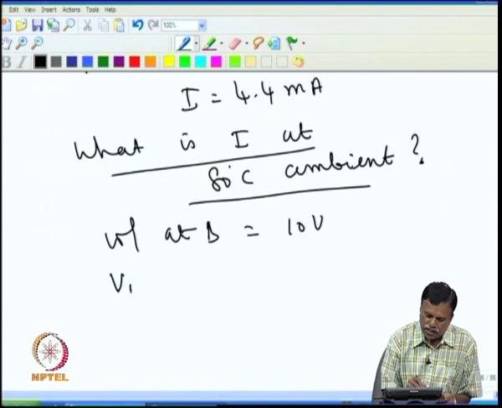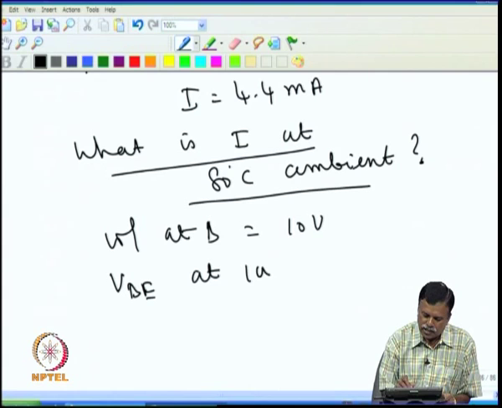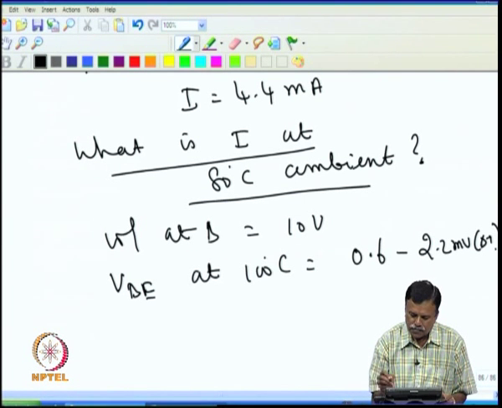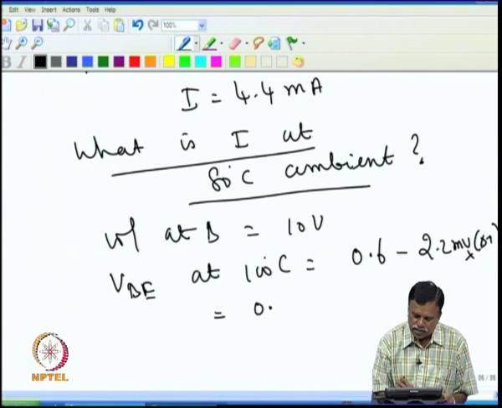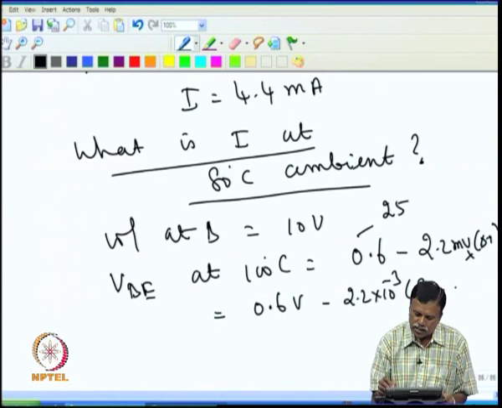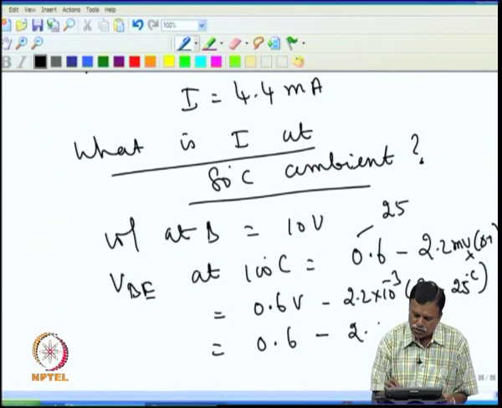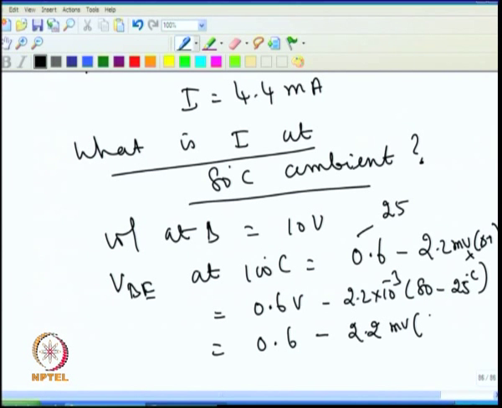Then VBE at 80 degree C would be, at 25 degree C we had 0.6 volt, minus 2.2 millivolt into delta T. That is 0.6 volt minus 2.2 into 10 power minus 3 into the change in temperature, which is 80 minus 25, that is 55 degree.